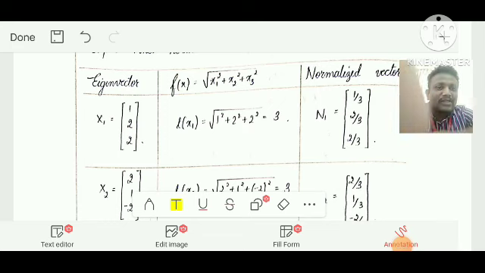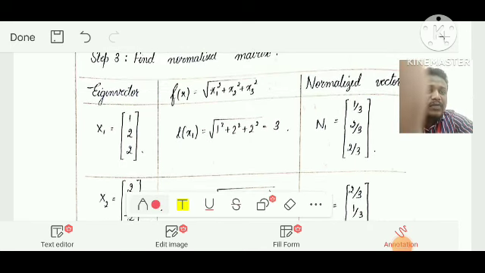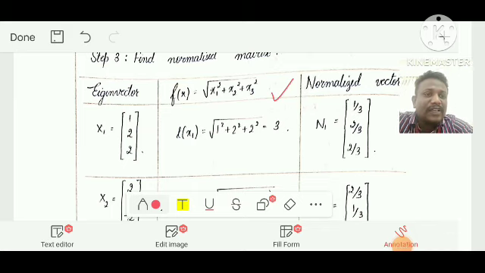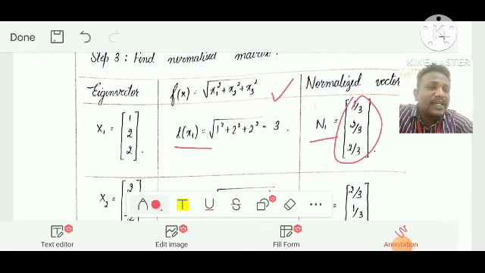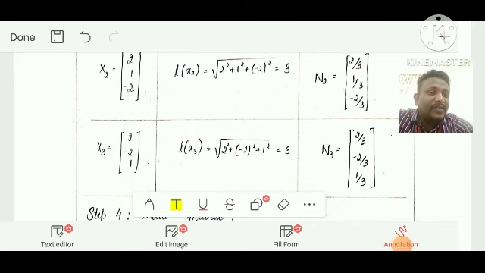For x1, by using this formula, you can find L of x1. Then for the normalized vector, divide the eigenvector by L of x1. By using that formula, here my n1 is 1 by 3, 2 by 3, 2 by 3. Similarly, you can find the other normalized vectors.